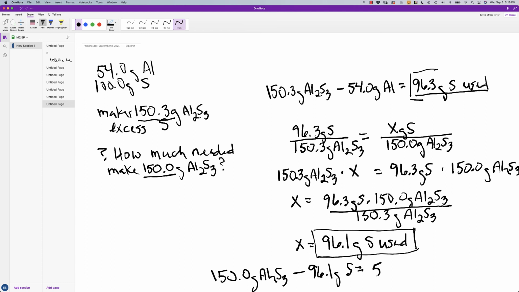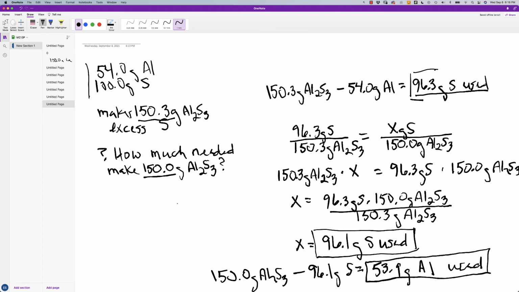That tells us that we have 53.9 grams of aluminum that's used. Okay, so there's our two values, 96.1 and 53.9. And notice both of them are less than what we started with up here, which should make sense, and not much less because we're only a small, 3/10 off from our original.